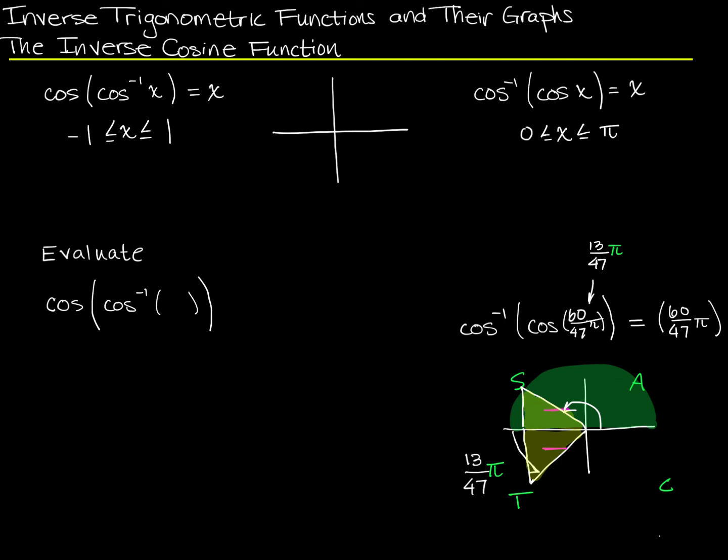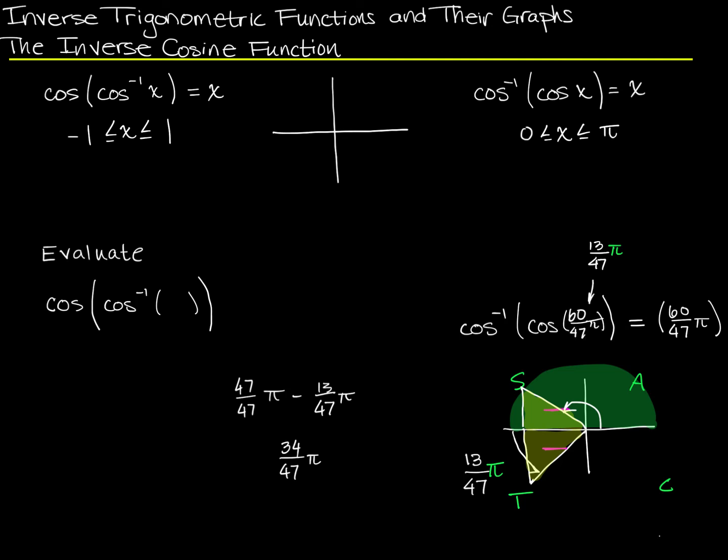So now what I need to do is figure out what pi minus 13/47ths pi is. And that's 47/47ths pi minus 13/47ths pi, which is 34/47ths pi. So I can replace 60 over 47.